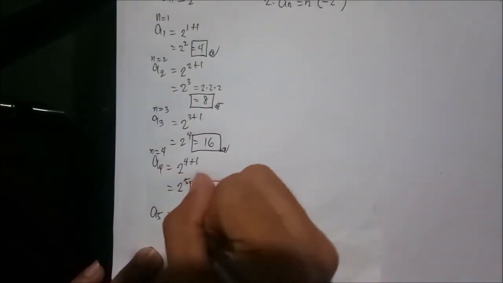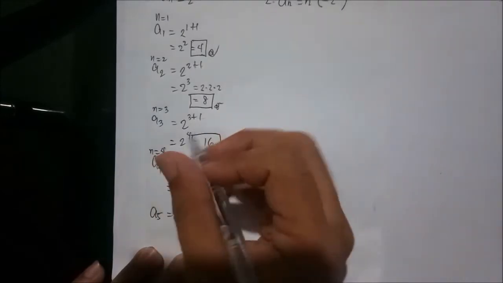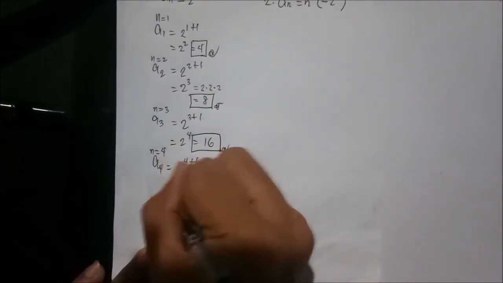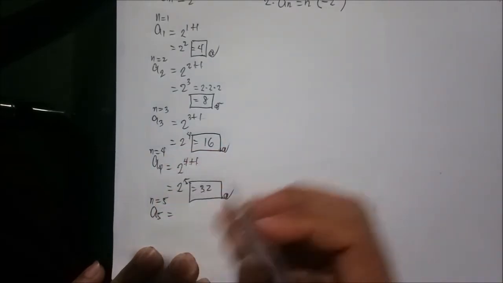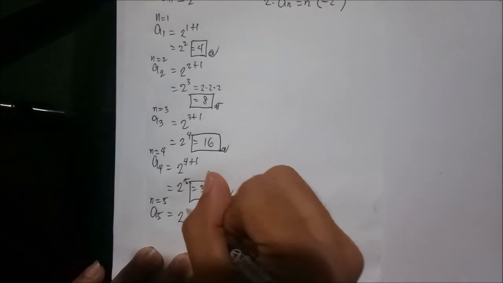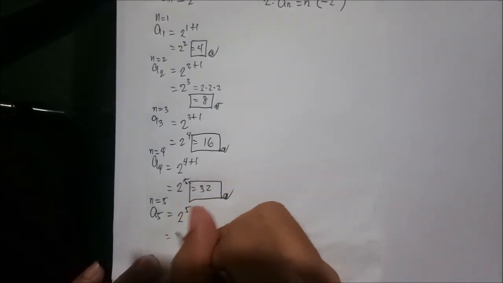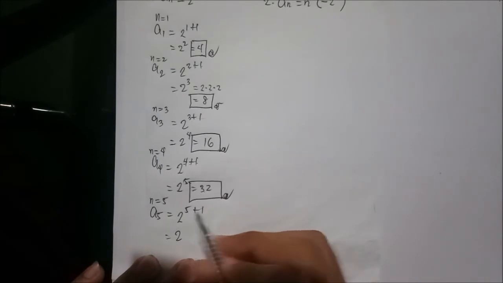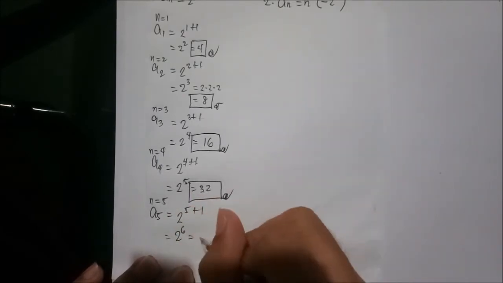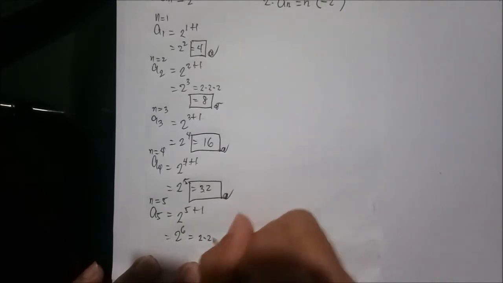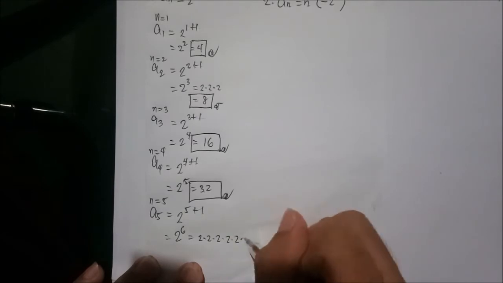A sub 5, which is the last term that I need to find. N is equal to 5 since a sub 5. 2 to the power of 5 plus 1. 5 plus 1 equals 6. Law of exponent, 2 times 2 times 2 times 2 times 2 times 2.